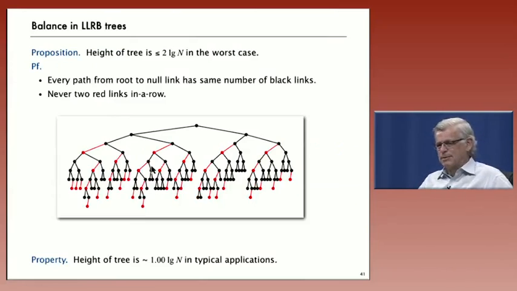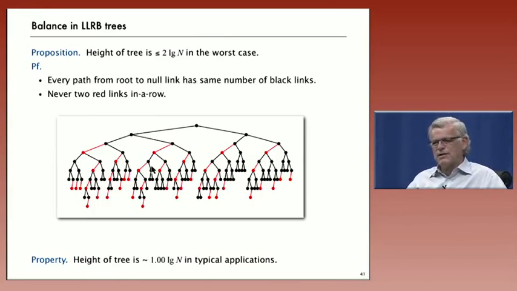And actually, in typical applications with any kind of randomness, or even if there's a lot of order, it's difficult to find orders of keys that build trees with height bigger than 1 log n. In real applications, it's very close to fully balanced all the time.